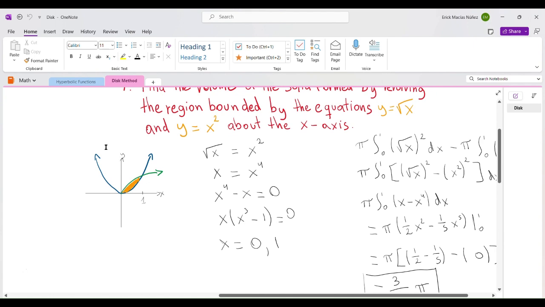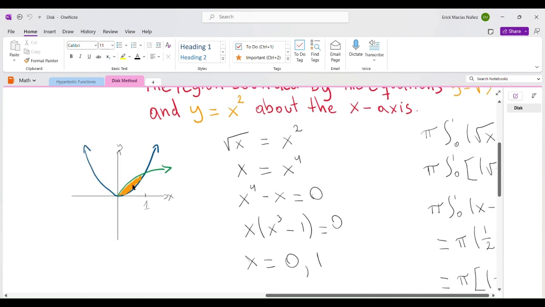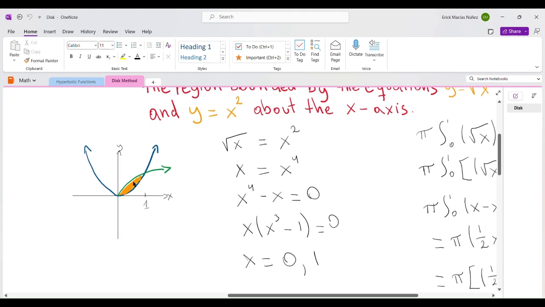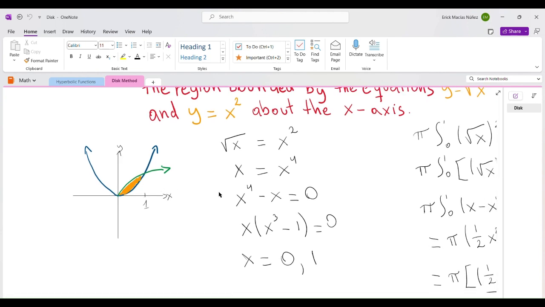Once you have the graph, you want to represent y equals radical of x and y equals x squared. This will be y equals x squared, and the green line will be the other equation. Once you have graphed that, you will have this region, which I highlighted with orange. That is the region that we are finding.